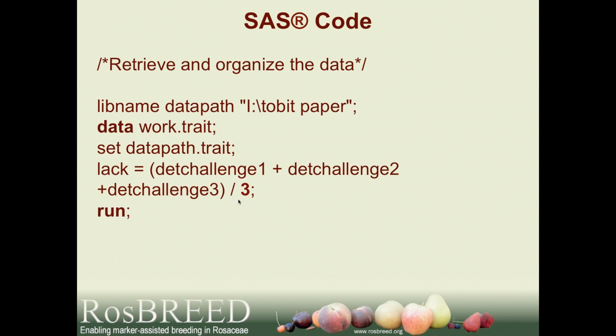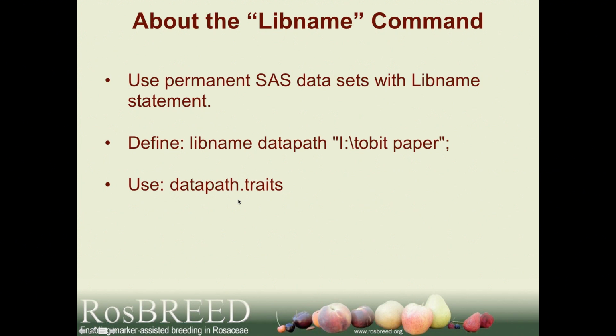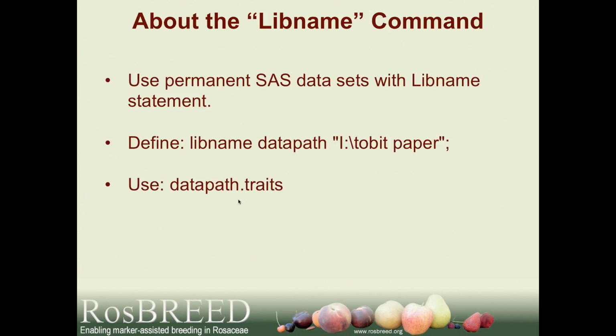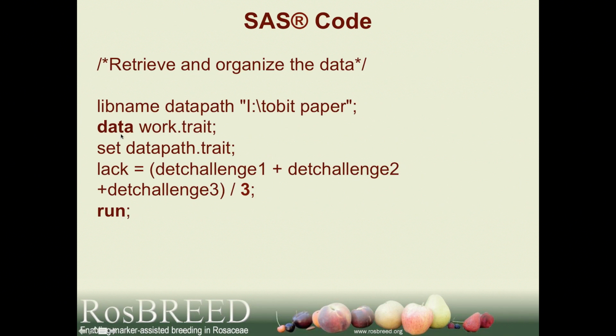Then the following is a data step. That's the statement for how you can use this Libname to import your permanent data set into SAS. Then we use this data step to create our new variables. When we use the permanent data set, we just set the library name, data path dot trace.